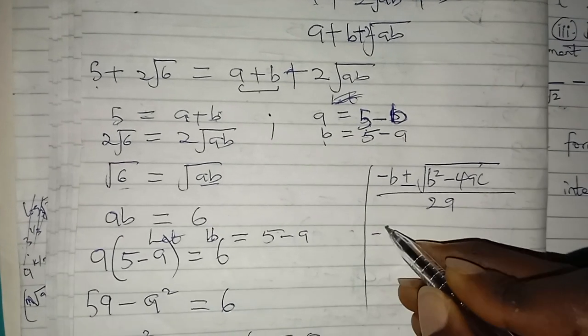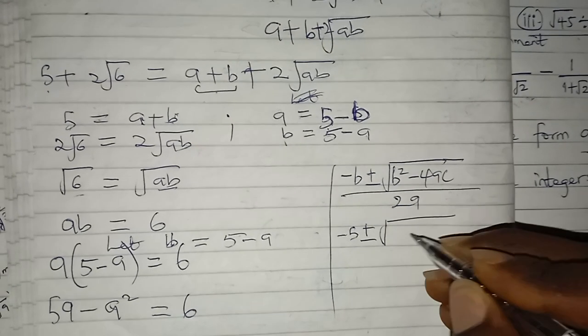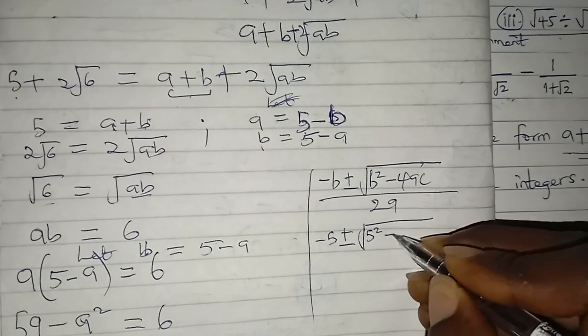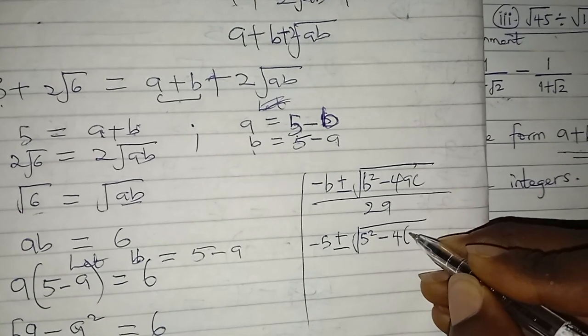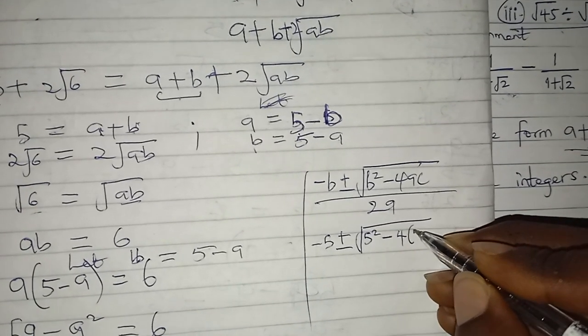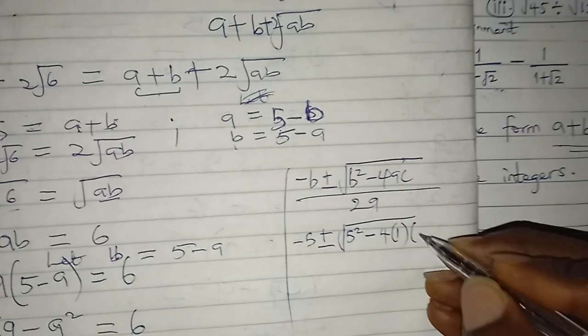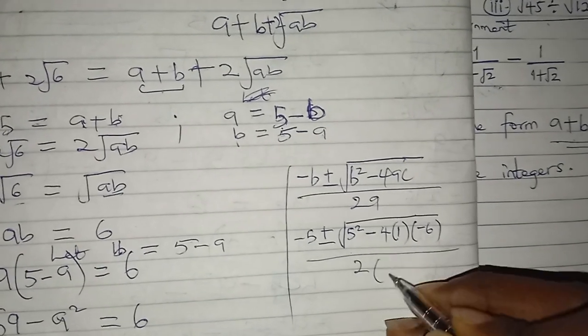b here is 5, so minus 5 plus or minus root 5 squared minus 4, then a is having a down here is the base there is minus 1, then c is having minus 6, all over 2 times minus 1.